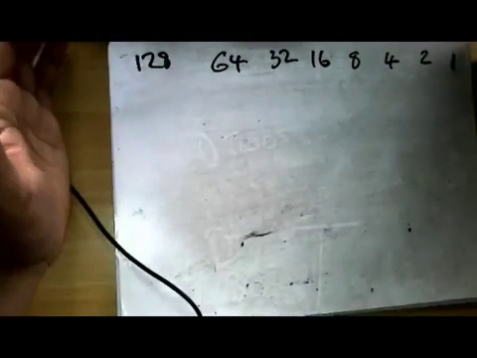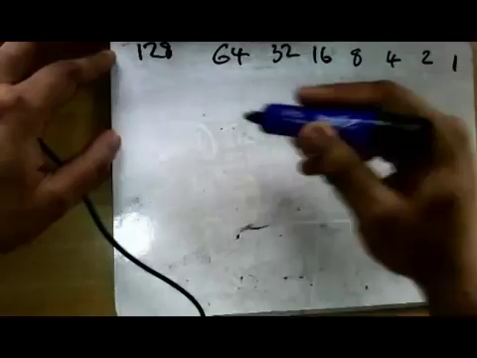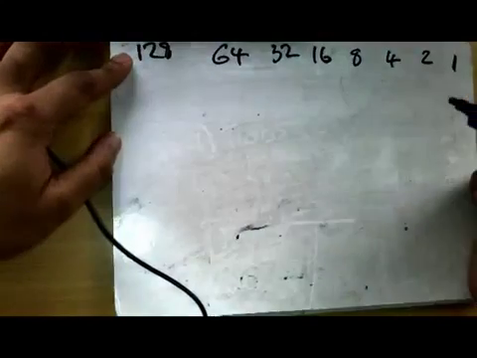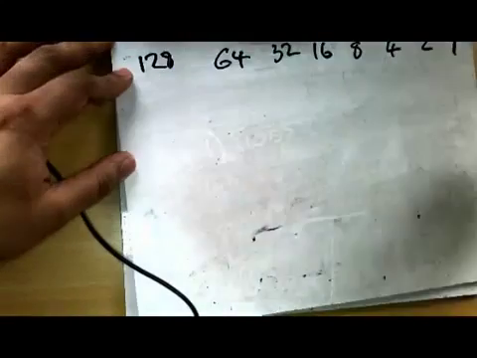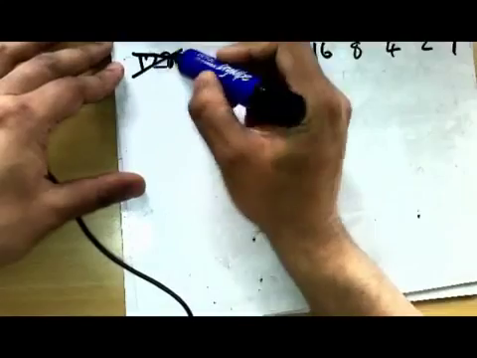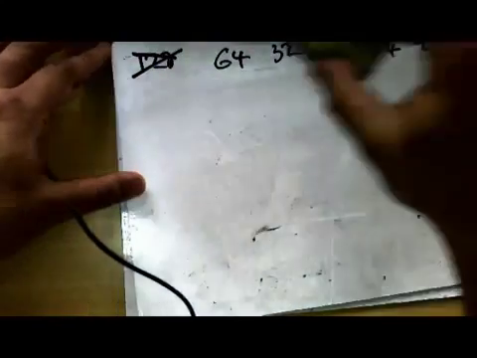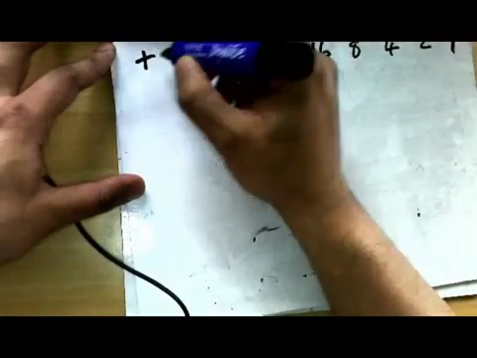What's important is I'm using an 8-bit number here. The most significant bit, which is the one most to the left, in sign and magnitude doesn't represent a number anymore. So if we're using the sign and magnitude method, the 128 no longer exists. The 128 is replaced by the sign bit.